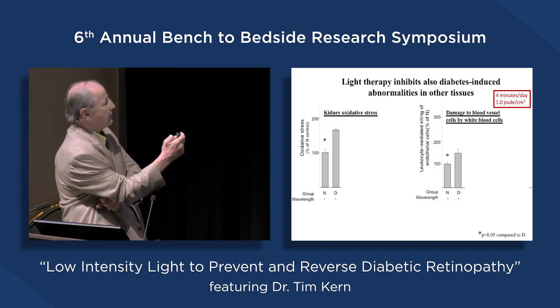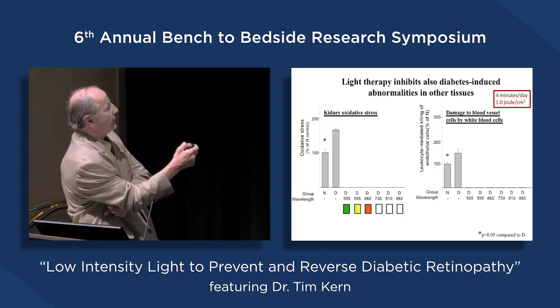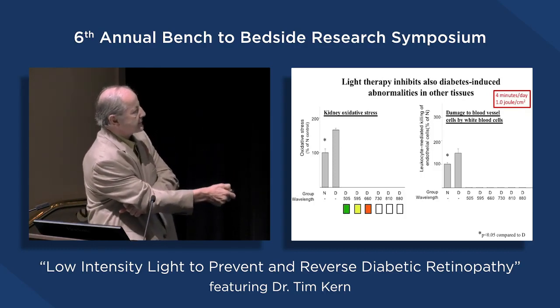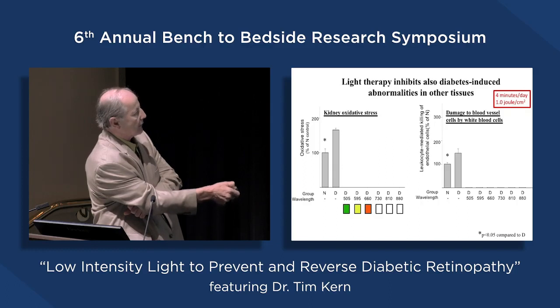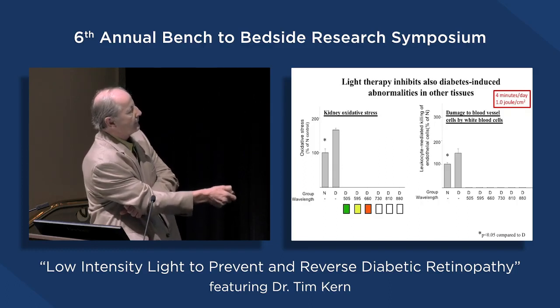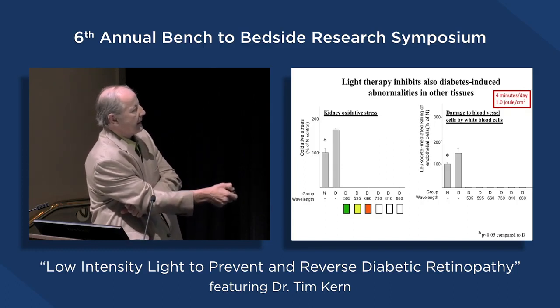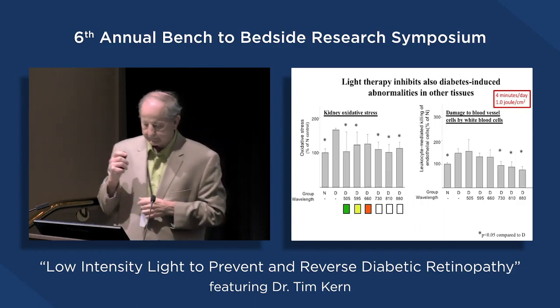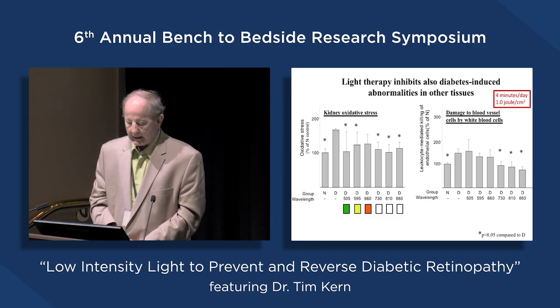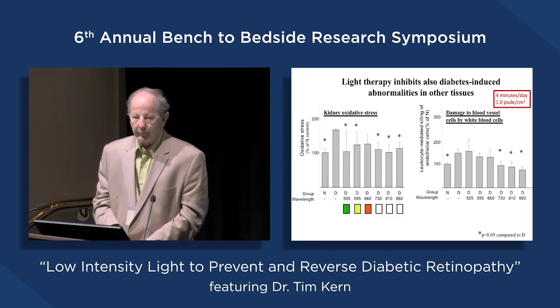So what happens if you give them the light therapy? We selected a whole series of different wavelengths. So 505 is green, 595, 660, this is the wavelength that I've been showing you before, and then 730, 810, and 880. These are getting into the infrared range. This therapy is applied for 4 minutes a day.